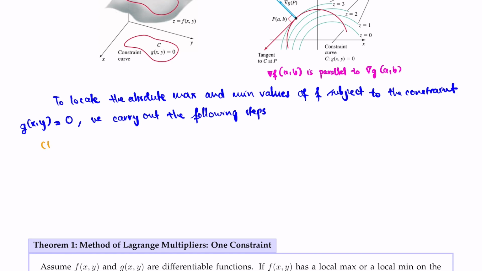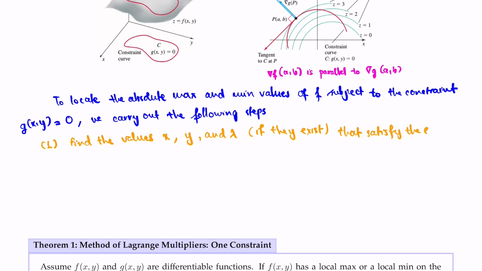The first step is to find the values of x, y, and lambda, if they exist, that satisfy the equations: gradient of f evaluated at x, y equal to lambda times the gradient of g evaluated at x, y, as well as the constraint equation g of x, y equal to 0.